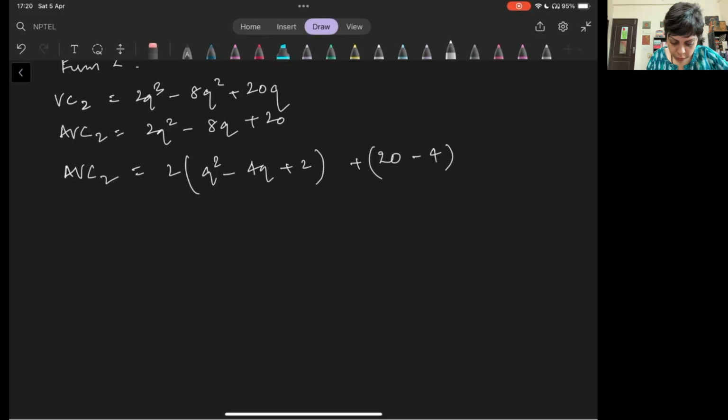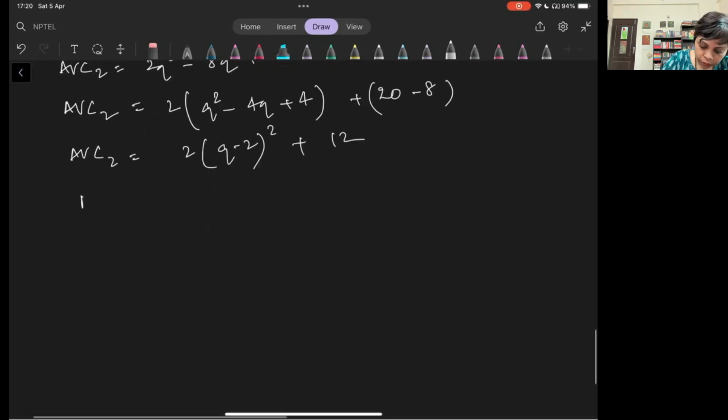Just make sure it's correct. So average variable cost is 2 times (Q minus 2) whole square plus 12.